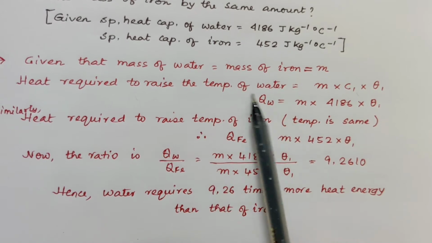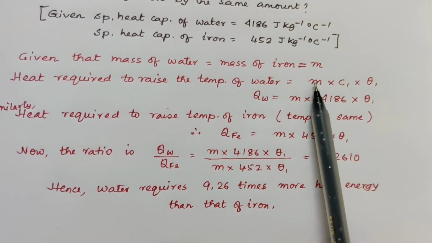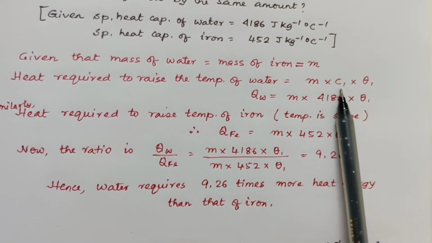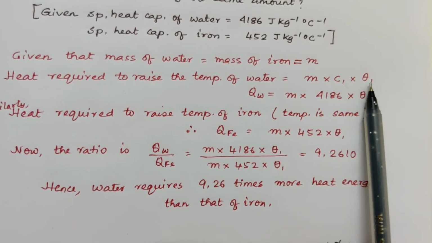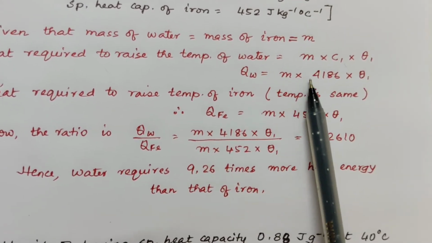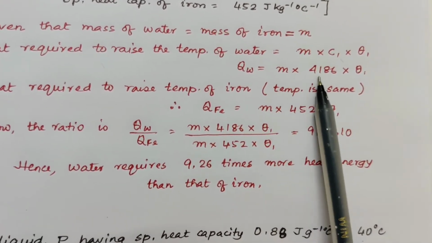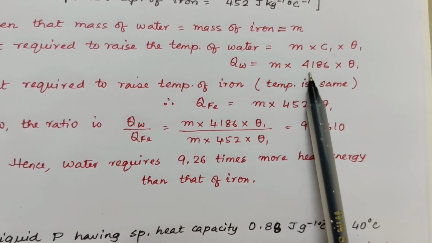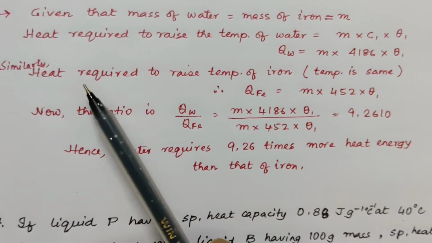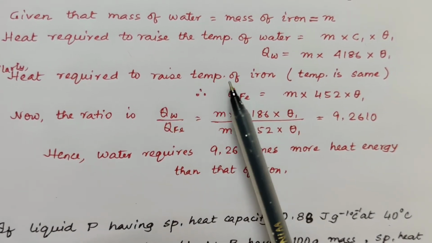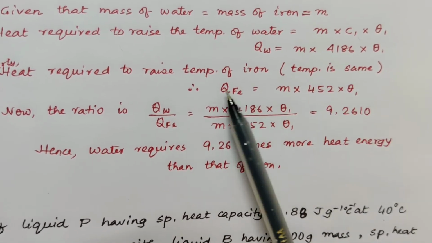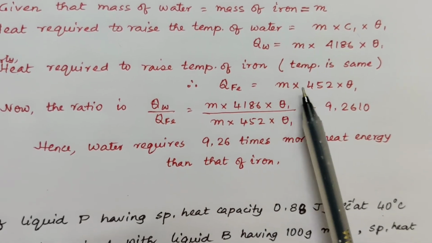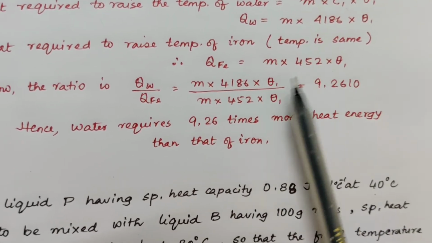Now heat required to raise the temperature of water is equal to m into C1 into theta 1. M is same for both, so m into heat of water is equal to m into 4186 into theta 1, and similarly heat required to raise the temperature of iron is m into 452 into theta 1.